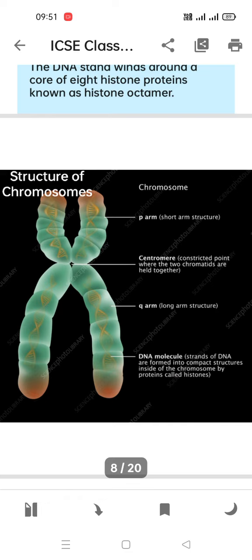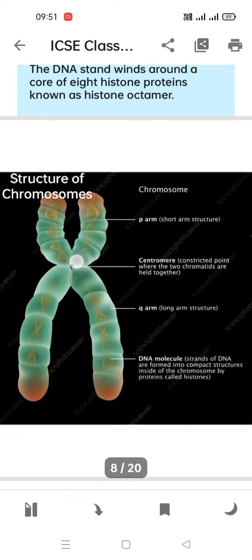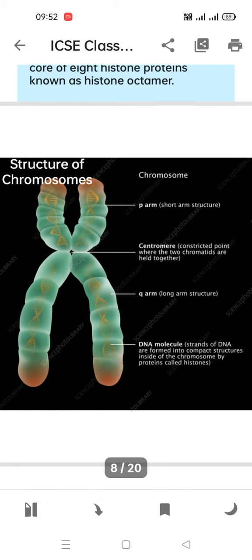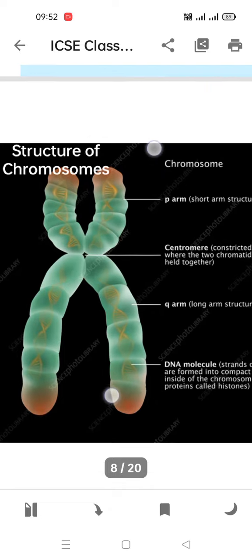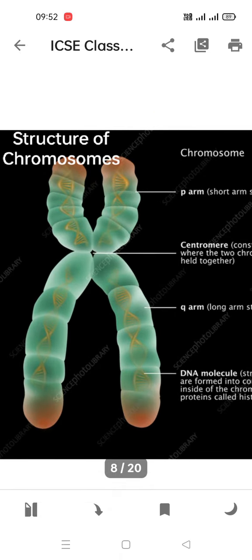We have the P arm, which is the short arm, and the Q arm, which is the long arm. We have the centromere, which divides the two sister chromatids, and then we have the DNA molecules. Simple, this is the structure of chromosomes. Inside the nucleus this structure exists, and not just one.